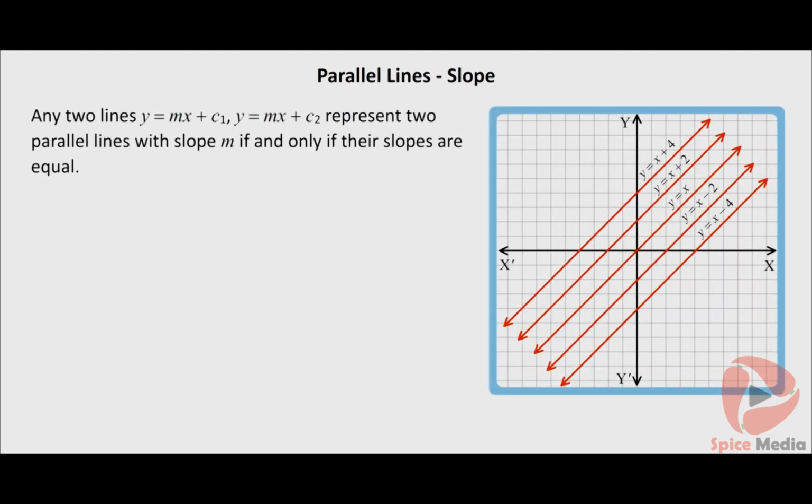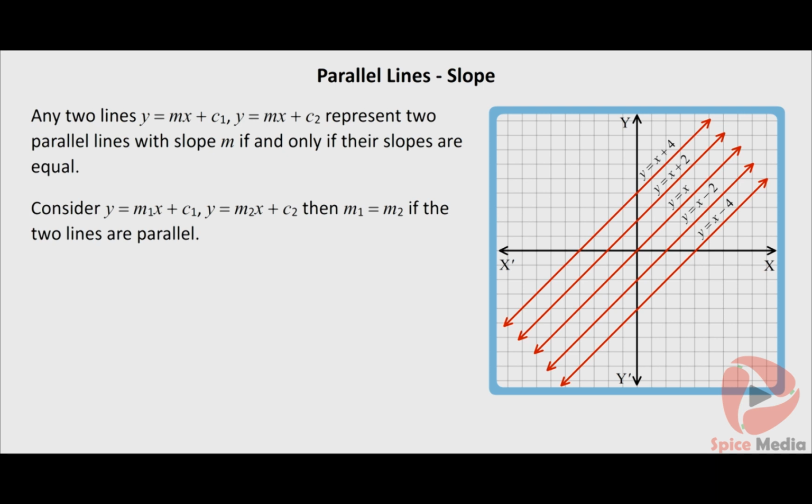Parallel lines. Slope. Any two parallel lines have the same slope. y is equal to mx plus c1 and y is equal to mx plus c2 represent two parallel lines with slope m. Conversely, two lines are parallel if and only if their slopes are equal.